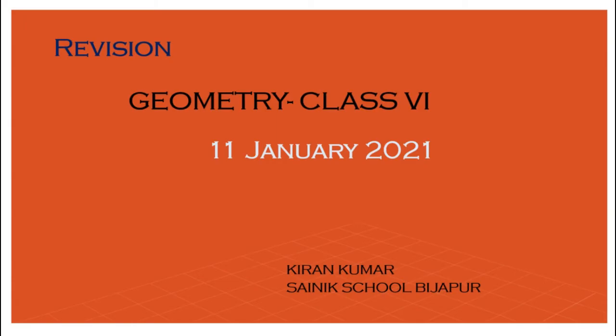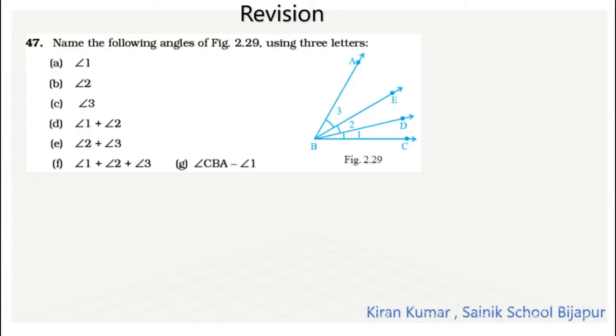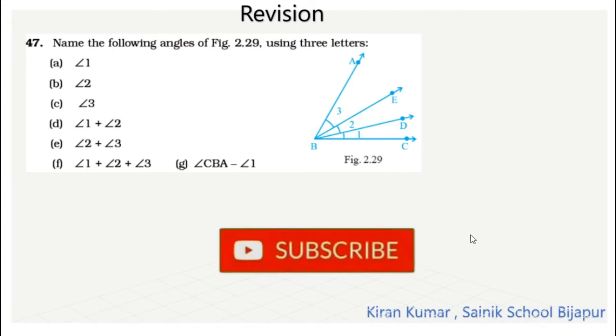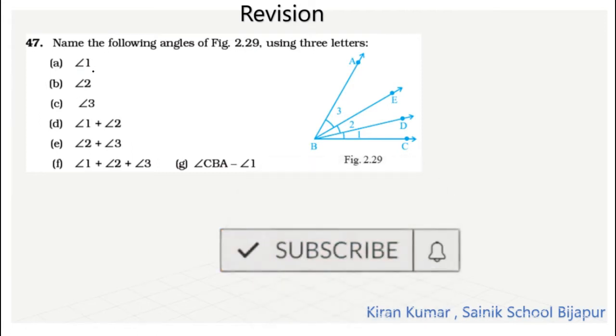Question 47 is, name the following angles of figure 2.29 using three letters. They have mentioned the angles here. We need to name those angles.